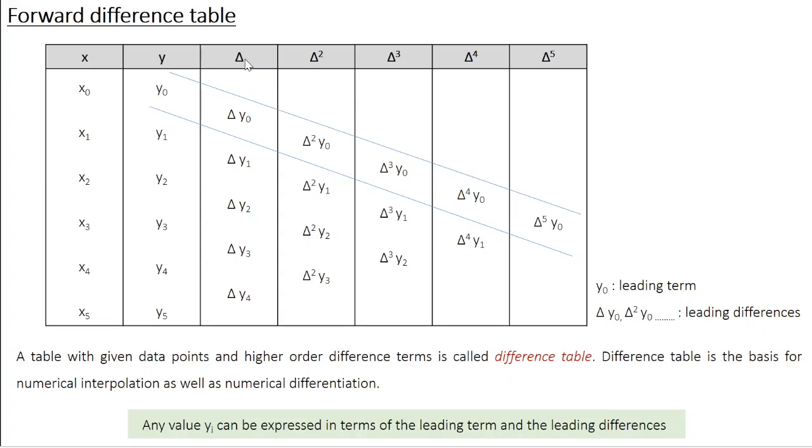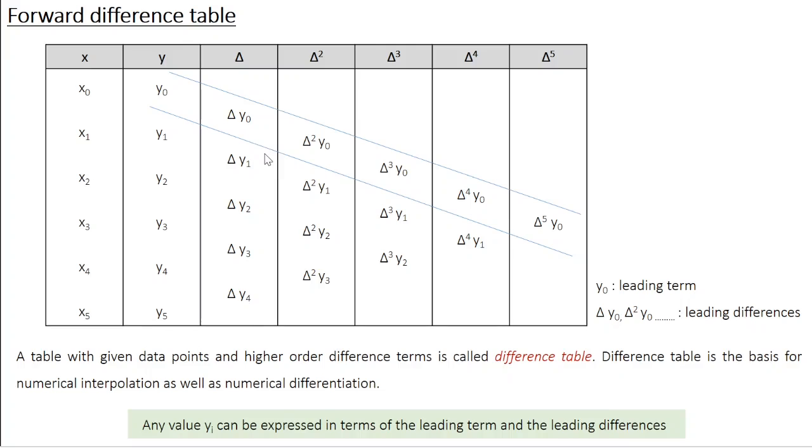Let's start with the first difference terms. So you have y1 minus y0, which is delta y0, y2 minus y1, you have delta y1, similarly delta y2, delta y3, delta y4. So one thing you can note here, you have 6 data pairs here, but in the first forward difference you have 6 minus 1, 5 terms.